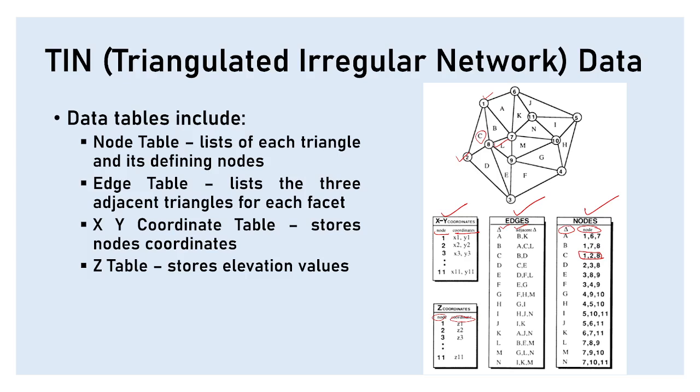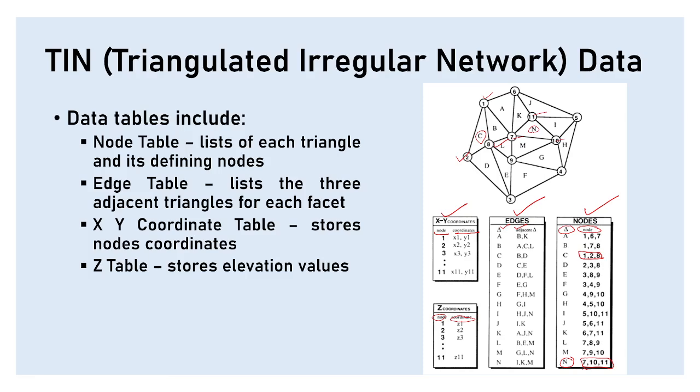And maybe one more, let's say N. N is over here, and the nodes related to N are 7, 10 and 11. So 7, 10 and 11 are the defining nodes for the N triangle.